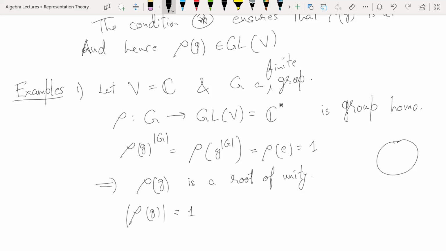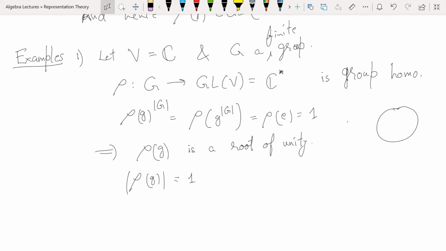Okay, so what's an example of one such map? One such map is you just send everything to the element 1. So rho is the trivial homomorphism.